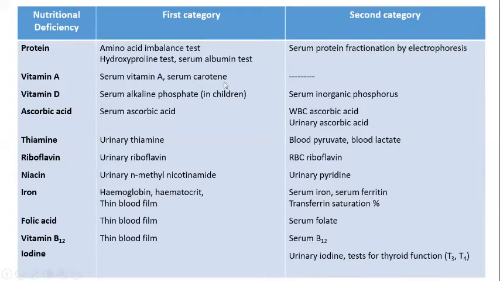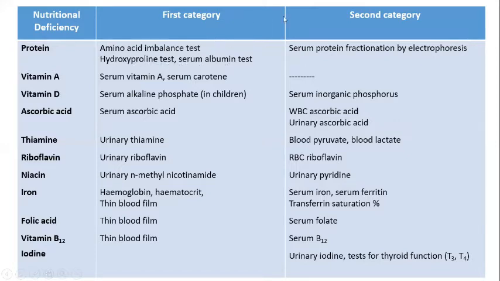Then these are commonly used biochemical laboratory methods to identify nutritional deficiencies. Okay, then for protein deficiency as the primary test, we can use amino acid imbalance test and hydroxyproline test or serum albumin test.